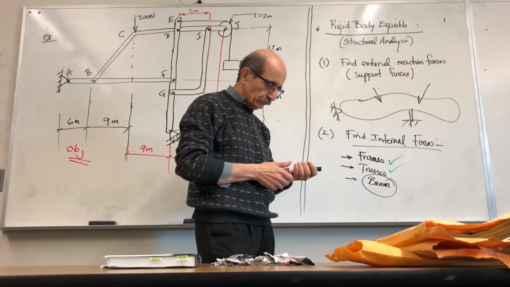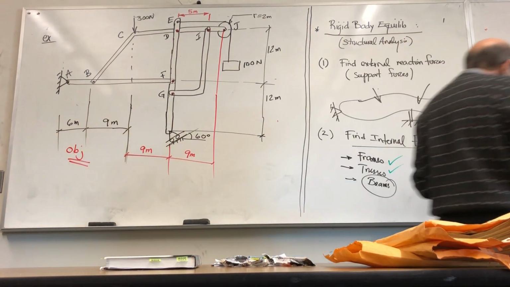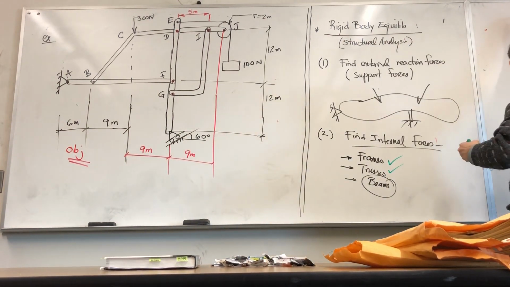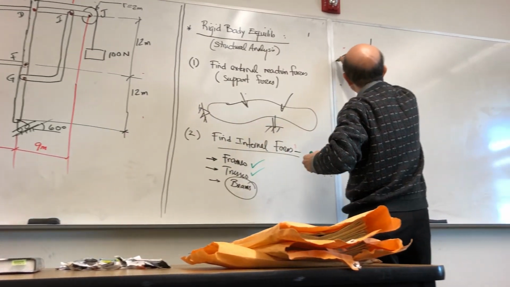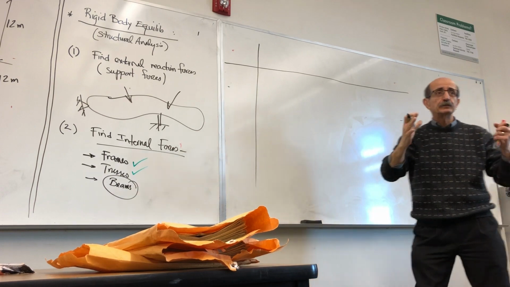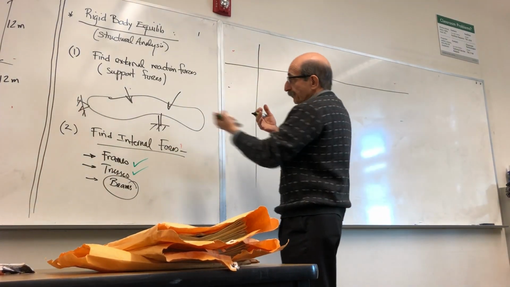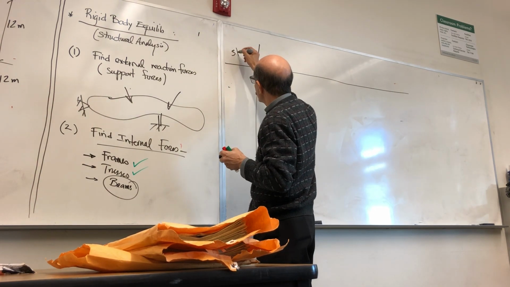So that's what I'm going to do. I will first expose you to what basically defines these structures, or what the attributes of each of these structures are that define them as a frame or a truss.